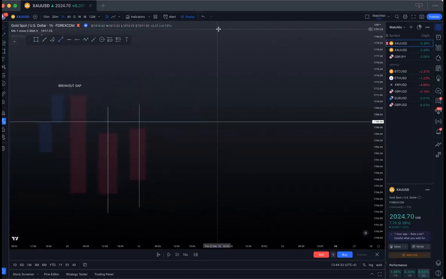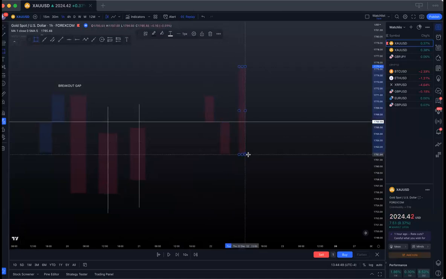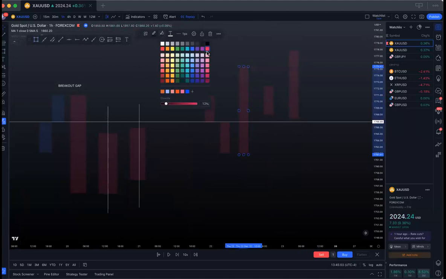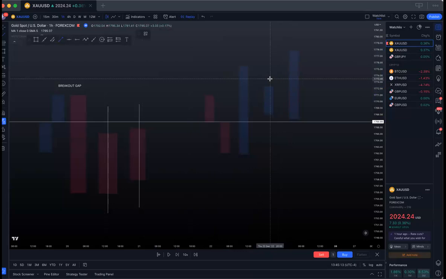Does this make sense? Okay. This is a bearish example, and this is a bullish example.